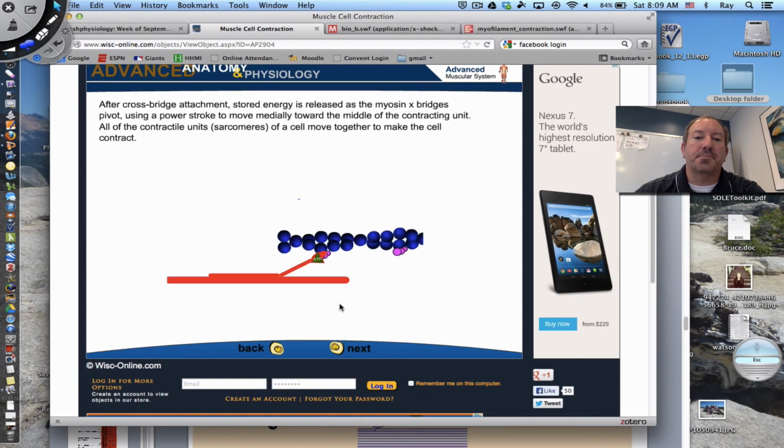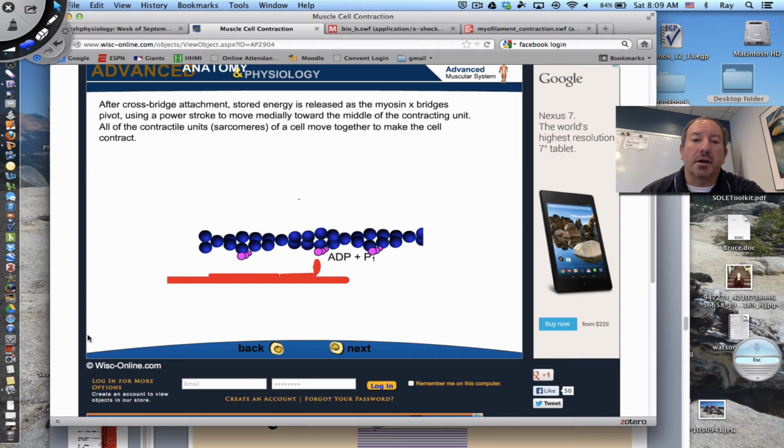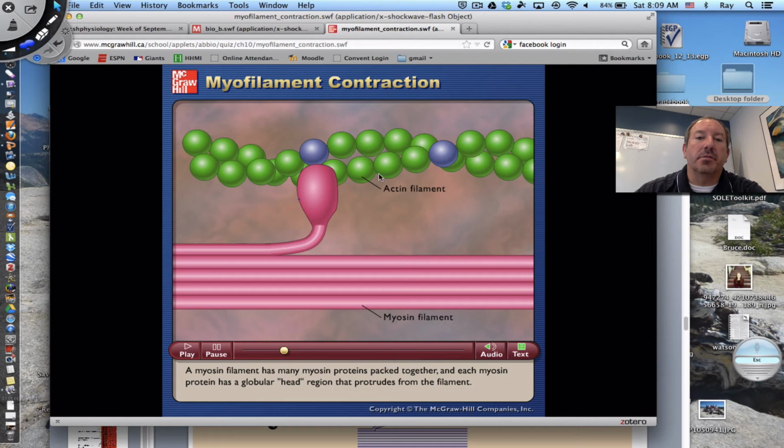Check this out. So ATP ultimately is causing the myosin cross-bridge to let go, let go, let go. But what's moving it is the attachment, okay? And so let's go over here to this one. I find that this is pretty helpful. So here's the myosin, and here it is attached to the active site.